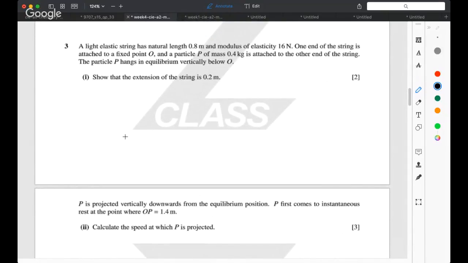So the natural length equals 0.8, that's 4 newtons, 16 meters, mass equals 0.4. So you can use the formula for the tension working in this direction.